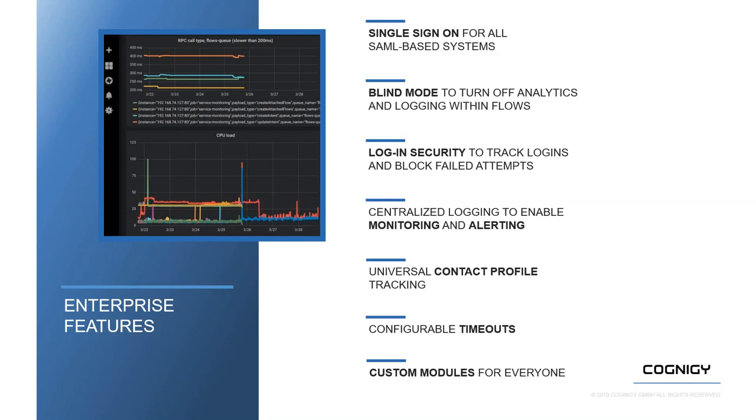We then have universal contact profile tracking, a feature that allows you to inject information into Cognigy from external systems into the profiles of users stored in Cognigy to then later use this information when you are in a conversation.